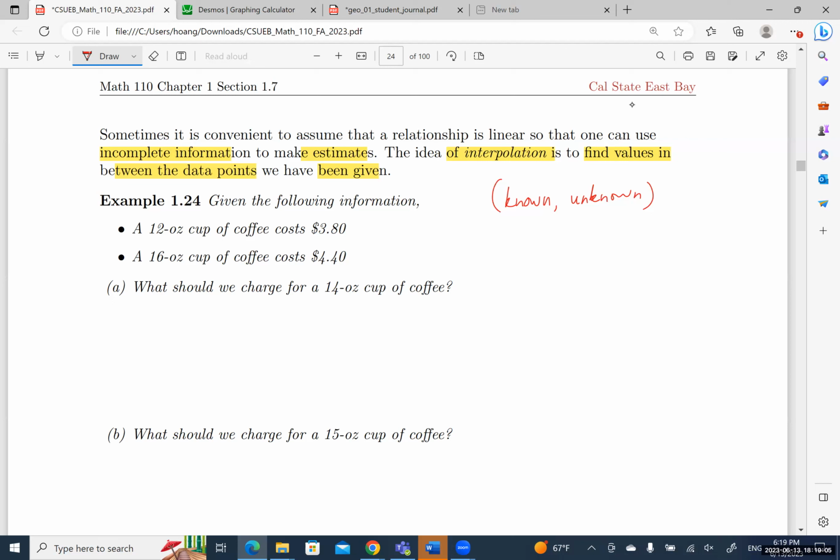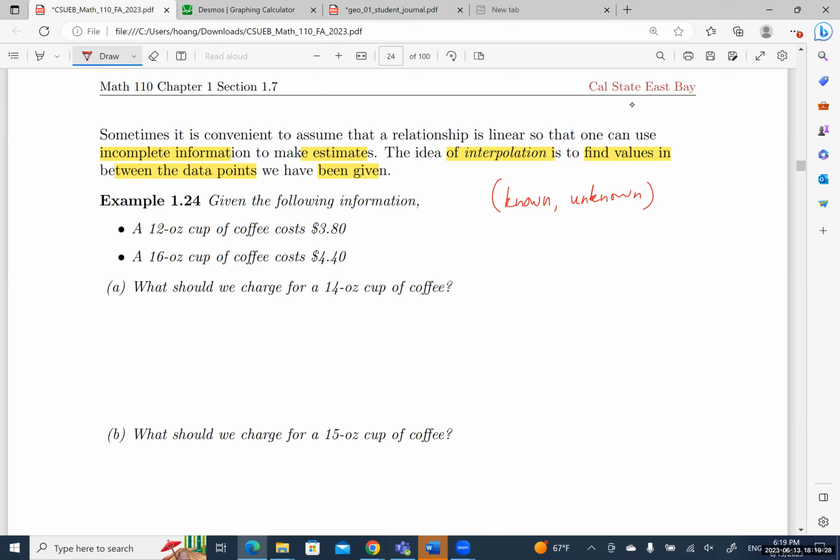Okay, so let's start with example 1.24. In here I am given the following: the size of the cup and the cost of that, right?